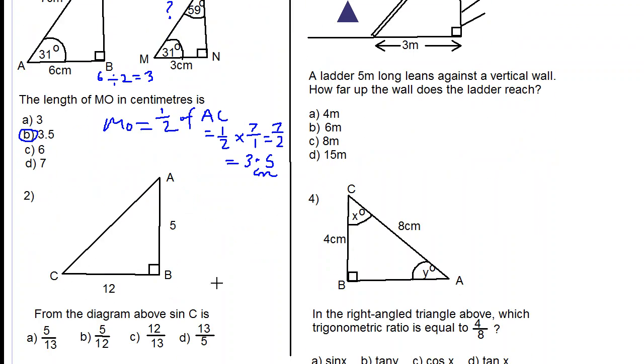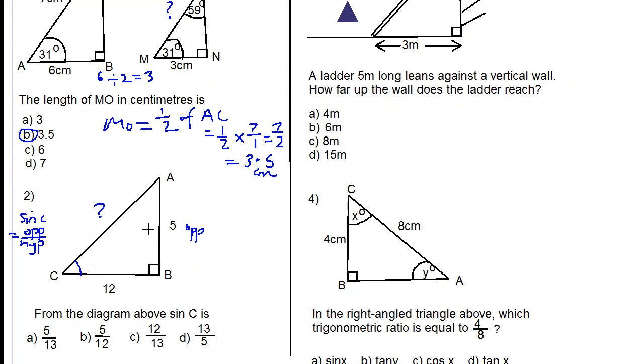Let's move on to number 2. From the diagram above, sine C is. So we want to work out sine C, and sine C would be opposite side over the hypotenuse. We know that the opposite side is 5, but we don't know the hypotenuse AC.